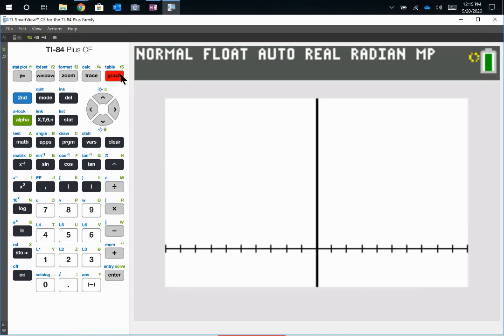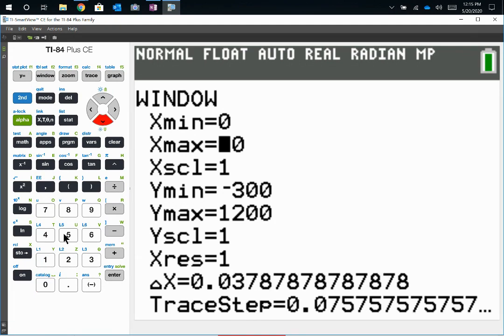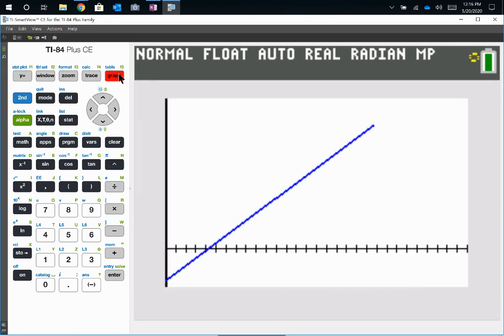Now let's put x minimum as 0. We don't need to see the negatives because we're talking about money. And let's try 30 for x maximum and see how the graph looks. Perfect. So this is the graph of our supply and demand.